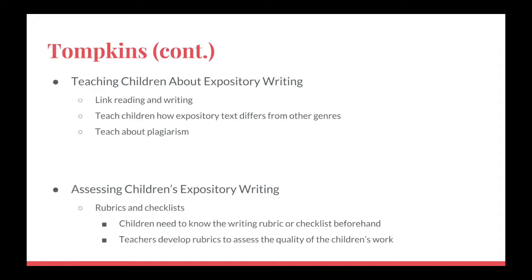Here is an excerpt from page 186 of Tompkins' expository writing chapter. First, teachers should link reading and writing. Children need to read informational books because as they read these books, they learn about the characteristics of the genre and use the format of the books they've read when they create their own books.